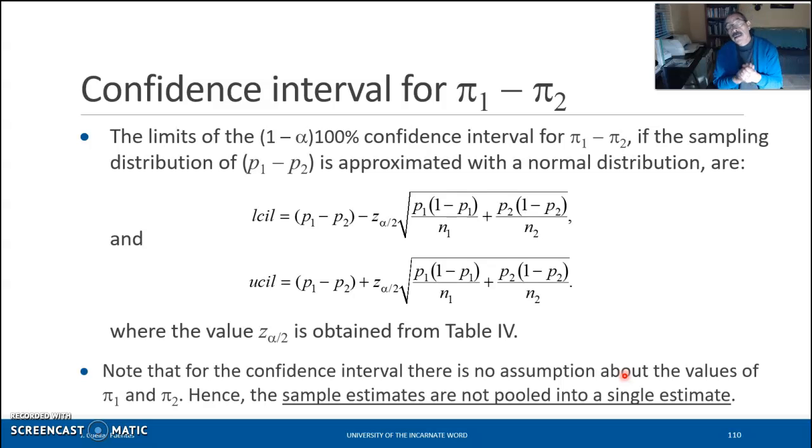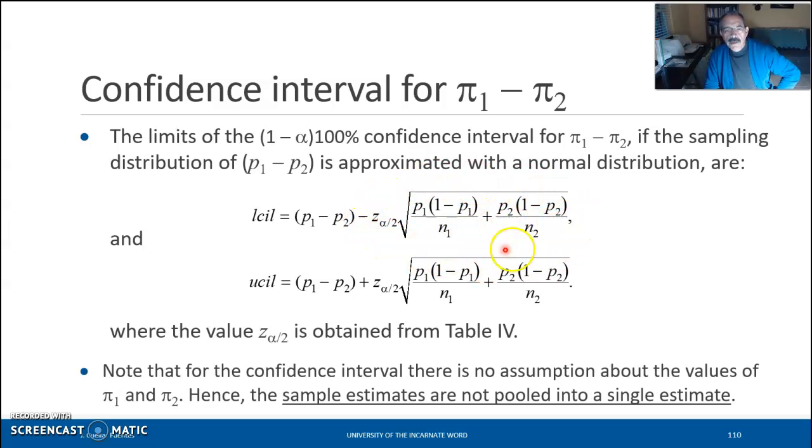All right, and going back all the way to Module 8, the confidence interval for the difference is now defined as this. We have the difference of the two sample proportions plus or minus z alpha over 2, which is obtained from Table 4 with alpha divided by 2, times the square root of the first proportion times 1 minus the first proportion divided by the first sample size, plus the second proportion times 1 minus the second proportion divided by the second sample size.